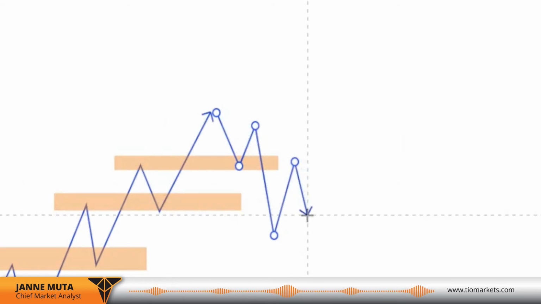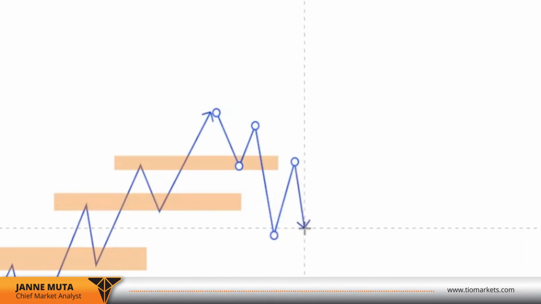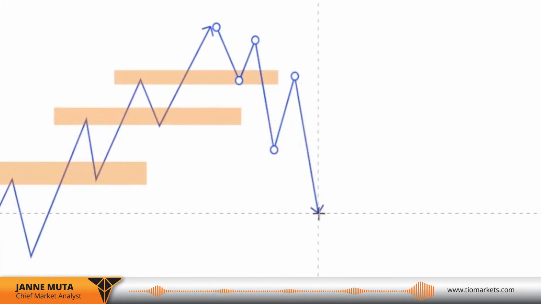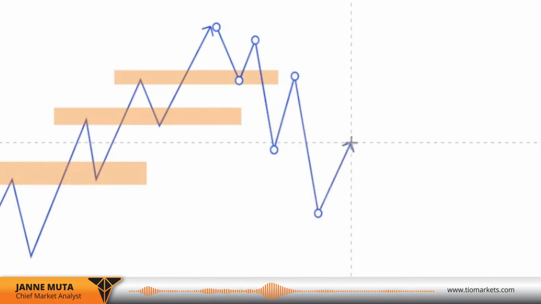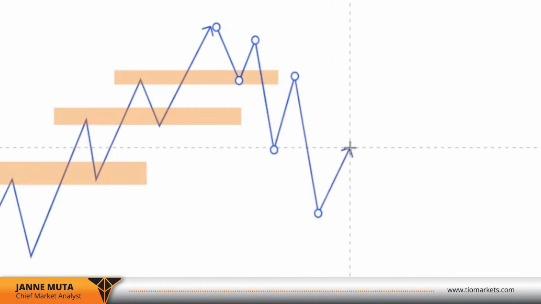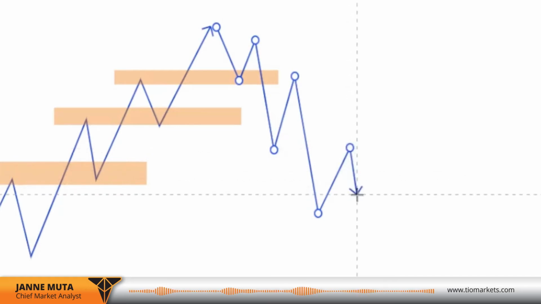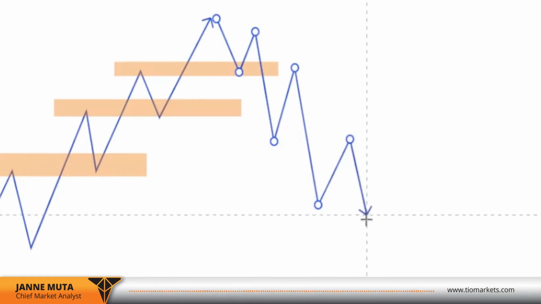So now it's more likely to go yet lower and break this previous support. And then if the market rallies a bit, it often finds resistance at the previous point of support, so at the market structure. And then comes another reaction lower.